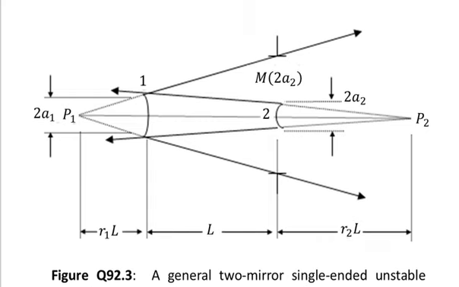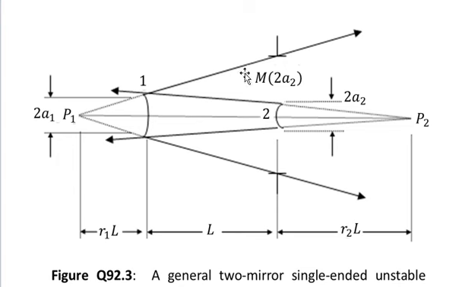So this is the diagram of an unstable resonator. It is a single-ended unstable resonator, which means that the output from the laser will be obtained only from one side, here the side where mirror 2 is placed.